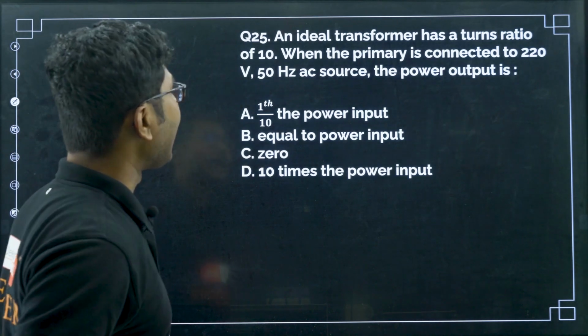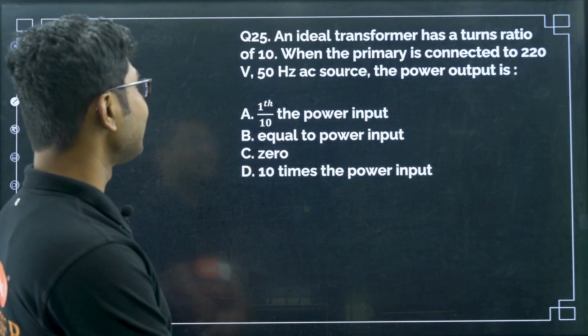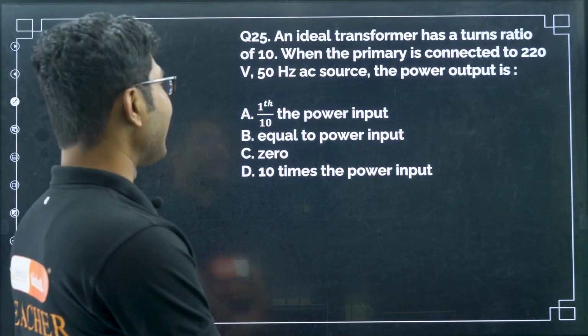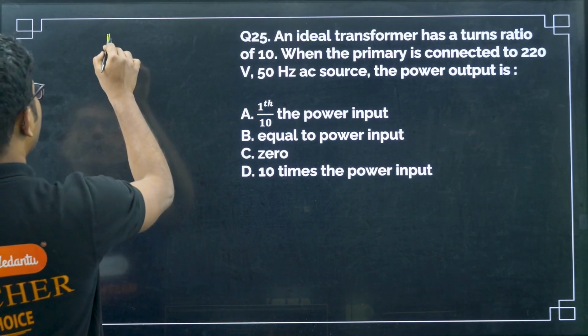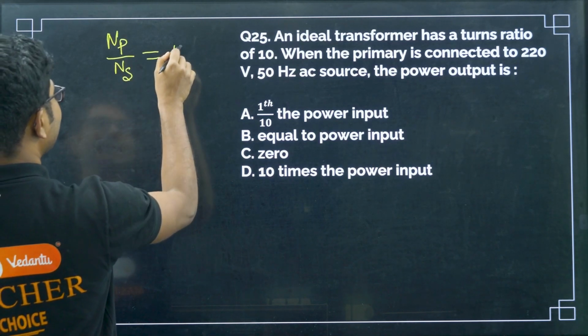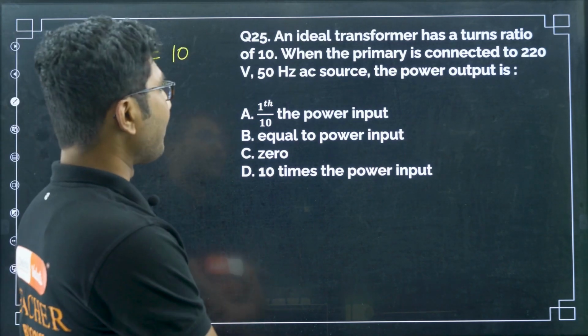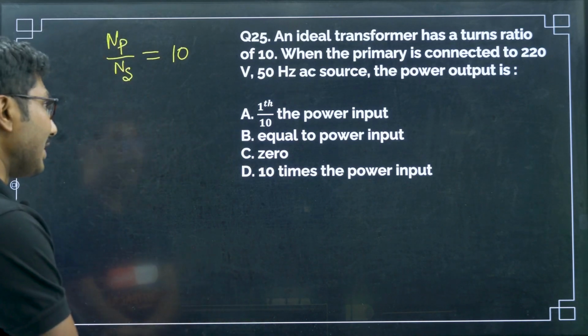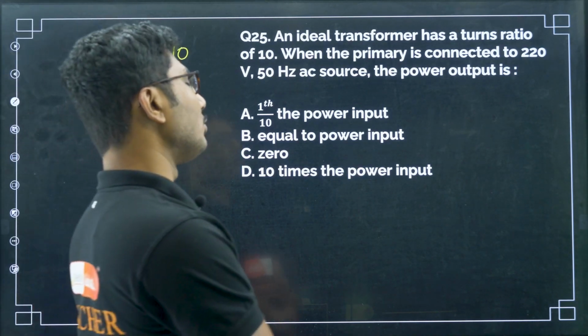Next question. An ideal transformer has turn ratio of 10. The turn ratio means primary by secondary, right? This is the turn ratio, 10. When the primary is connected to 220 volt 50 hertz AC source, the power output is.